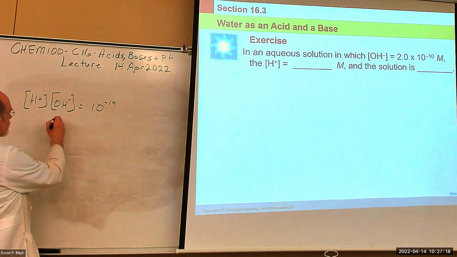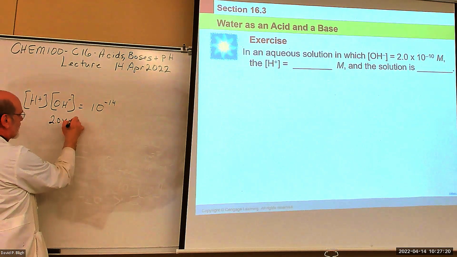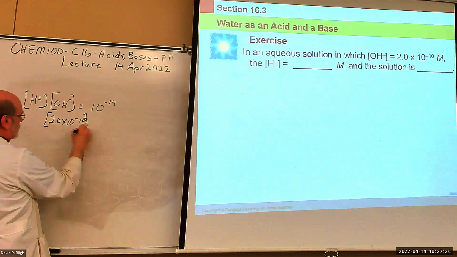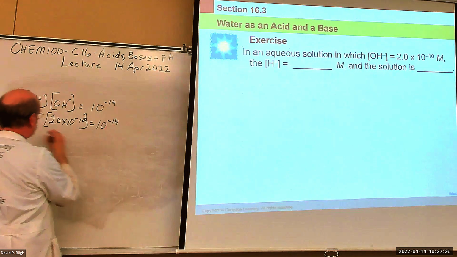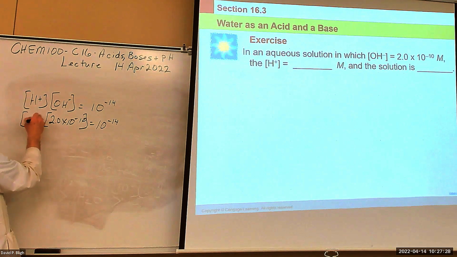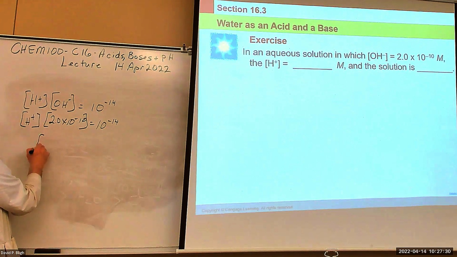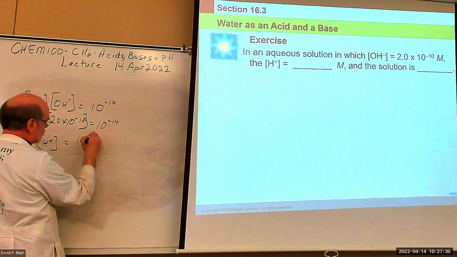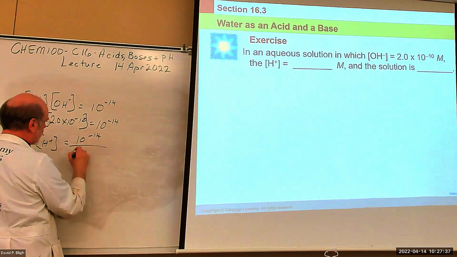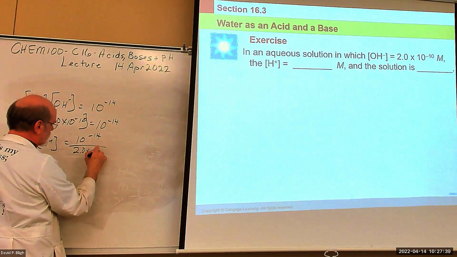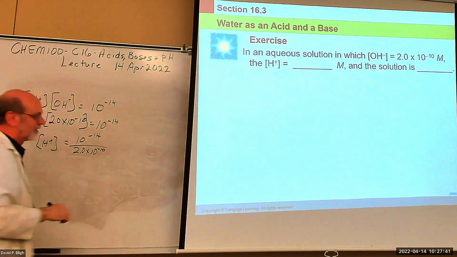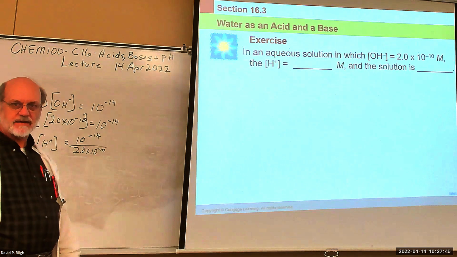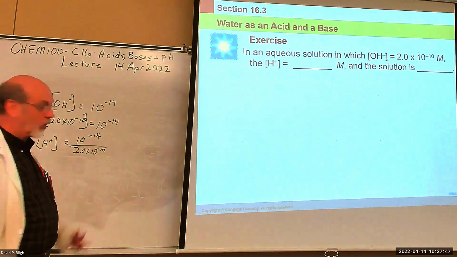Then if we put in 2 times 10 to the minus 10 here, equals this, then how do we solve for that? It's just 10 to the minus 14 divided by 2 times 10 to the minus 10. Okay? So can I do that? I can't do it in my head, but I can do it on the board.